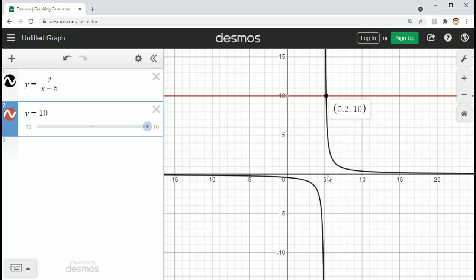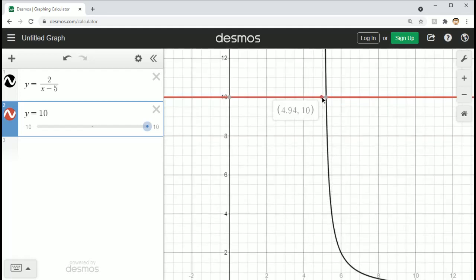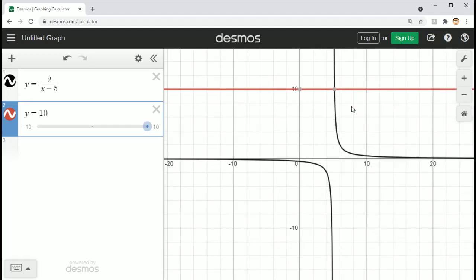And it looks like any number between 5 and down is also going to be negative. The only place that it's positive, it's bigger than 0, is this little wee region between 5 and 5.2, where it's up above. Everywhere else, the function is below the red line. So I think we did it right.